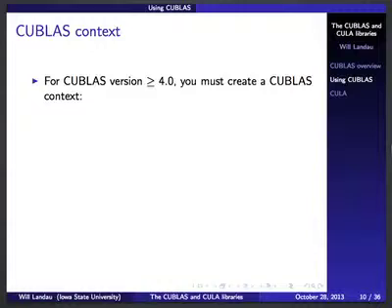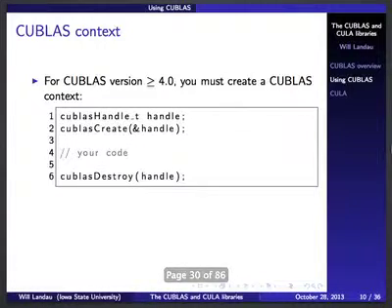For versions above 4.0, you need to create something called a CUBLAS context, a bundle of all the handlers that CUBLAS needs to run. So before you do any CUBLAS, you need to declare this handle, create it, and then destroy it like this. Notice the ampersand here that's not in CUBLAS destroy.